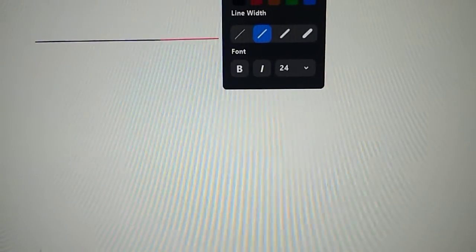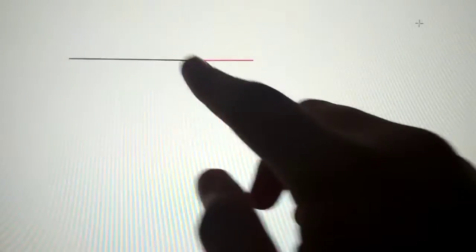So we have here a straight line cut at random, and here we have our segment. Here we have our aforementioned segment, and here we're going to have our aforementioned segment taken as a straight line.